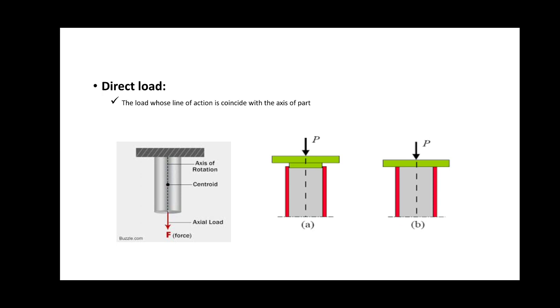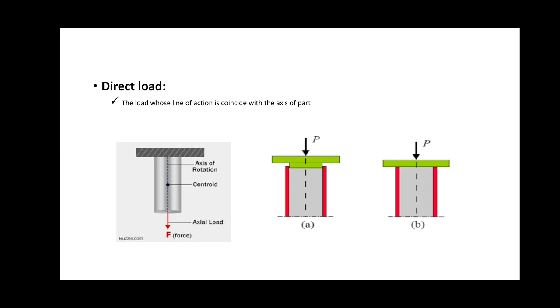So whatever force is going to act on that part, that force acts at the center, at the centroid, at the axis, at the center of that part, the element of a body. So when a force acts on the part at the center, at the centroid of the part, it is called direct load. It is very simple.